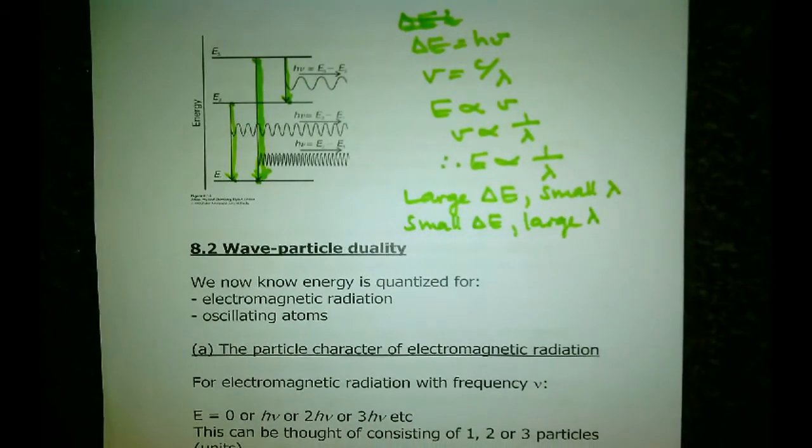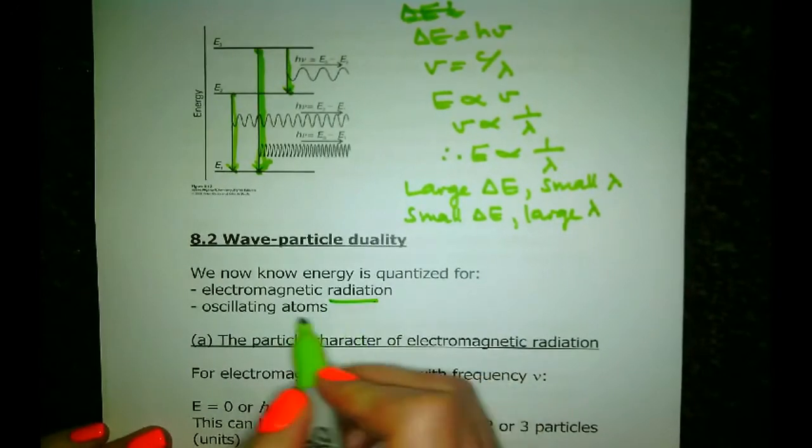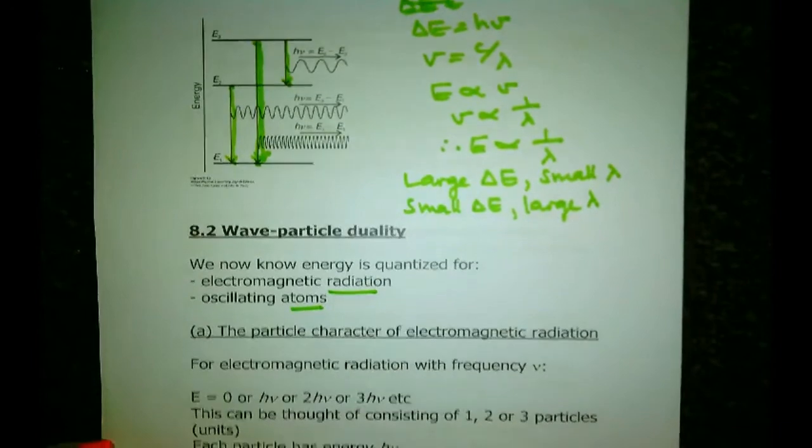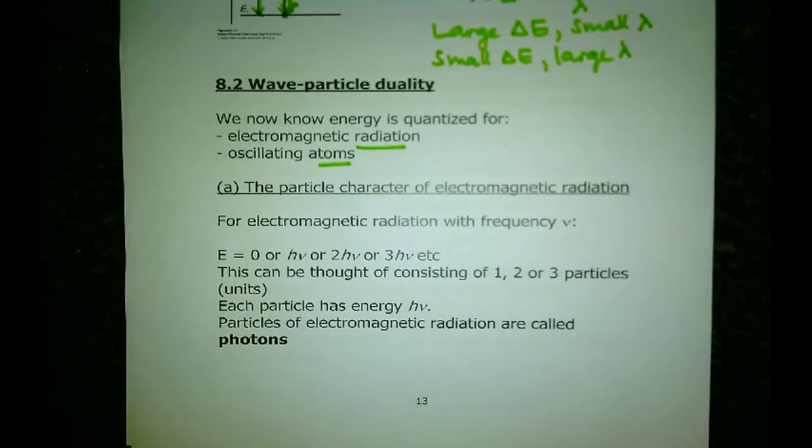Okay, so we now know that energy is quantized for radiation and also for atoms. We're going to look at some additional experiments in a moment.